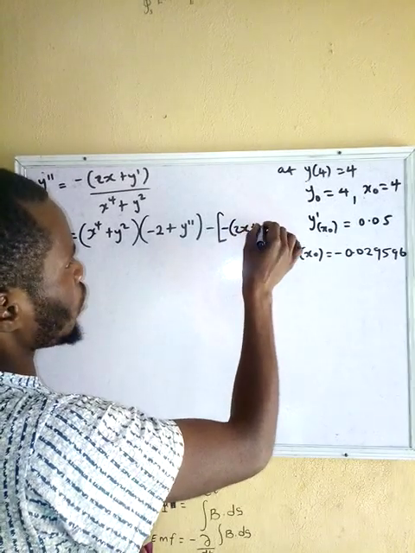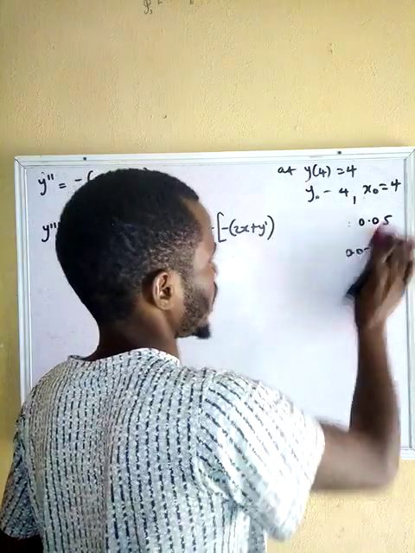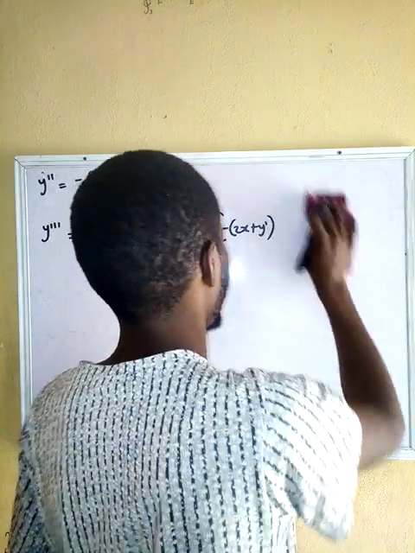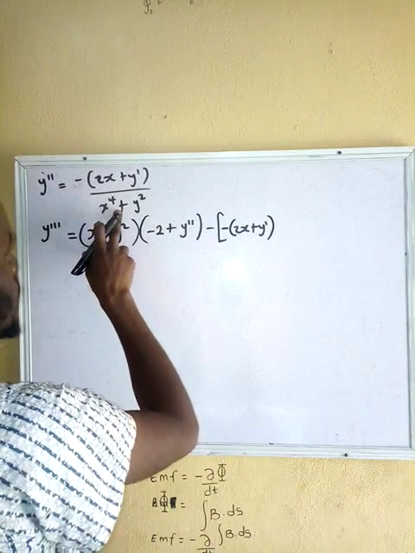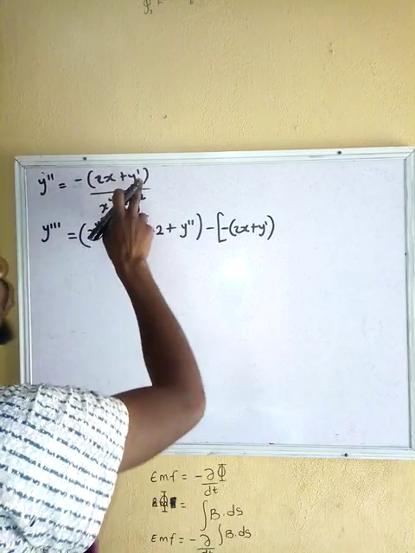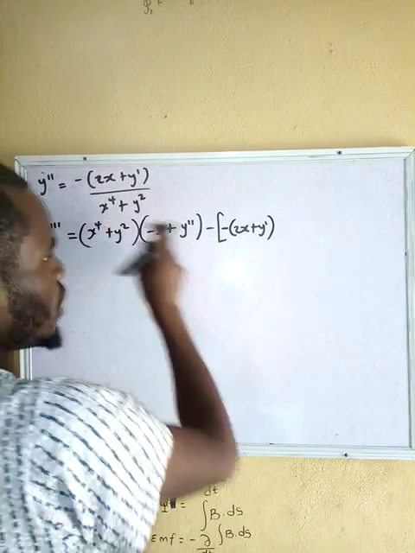minus 2x plus y prime. Sorry, I have to erase this so that I can have space. Bottom d top, differentiate the top, minus top d bottom, meaning differentiate the bottom.